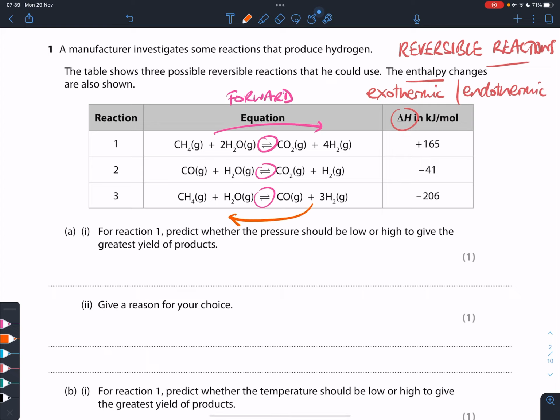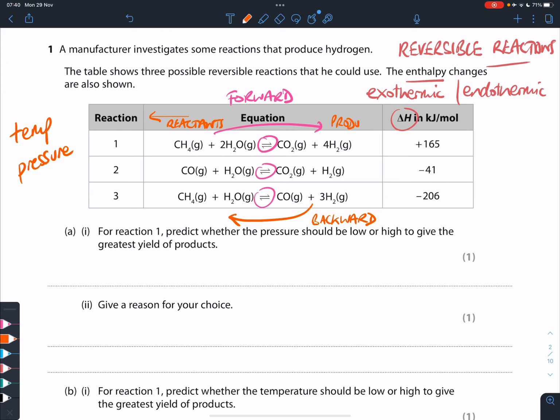And you need to know that those both happen at the same time, and depending on the conditions, usually the conditions of temperature and pressure, you can either get more reactants or more products formed. And so the balance point will shift one way or the other way. Sometimes it will go back to make more of the reactants, and sometimes it will go in the other direction to make more of the products.